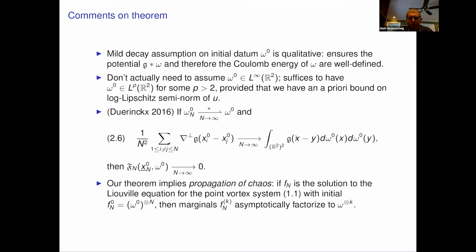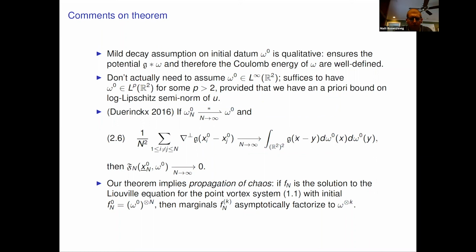The more interesting thing, though, is that we don't actually need to assume that the vorticity is in L infinity initially. It suffices for it just to be in L^p for some p bigger than 2, with the caveat that we have an a priori bound on the log Lipschitz semi-norm. I mean, that's really what's important here, is that the velocity is in log Lipschitz for our proof.